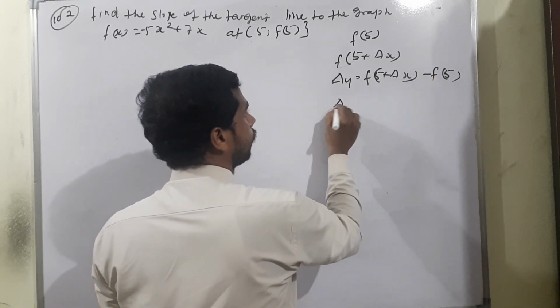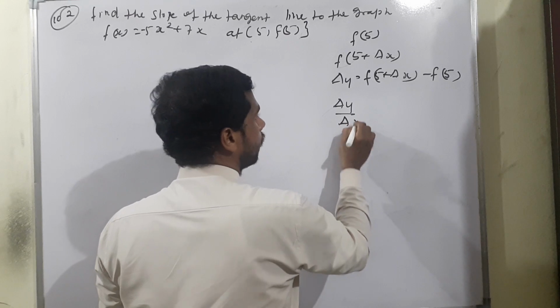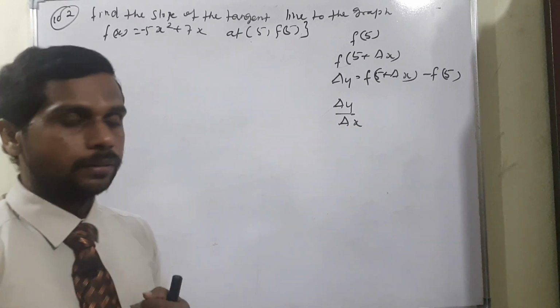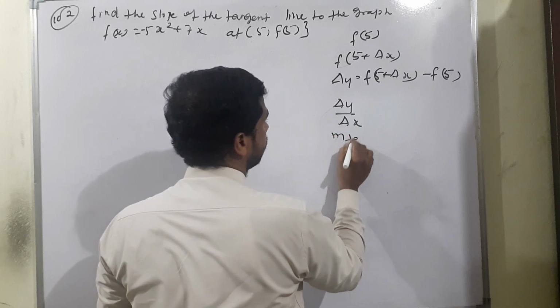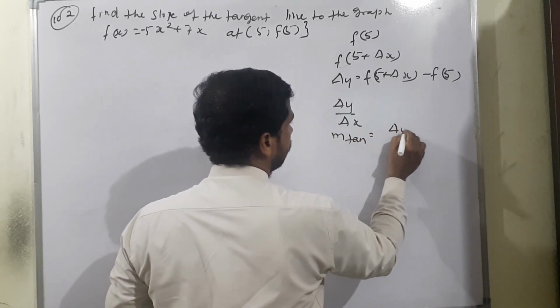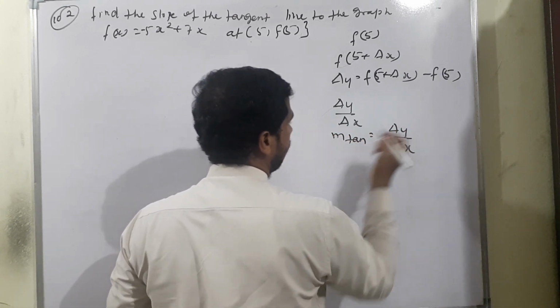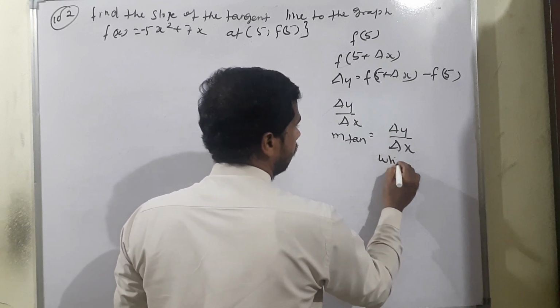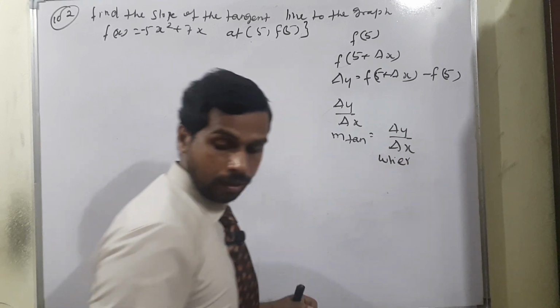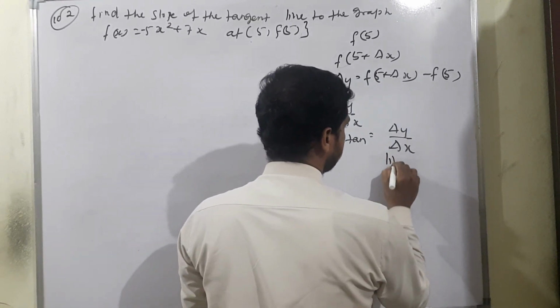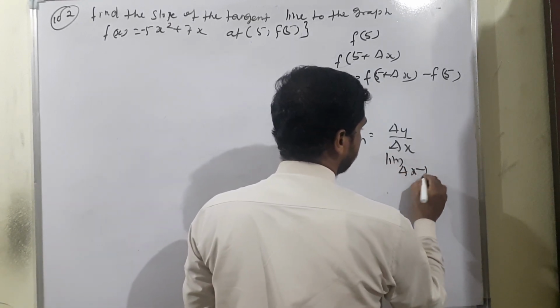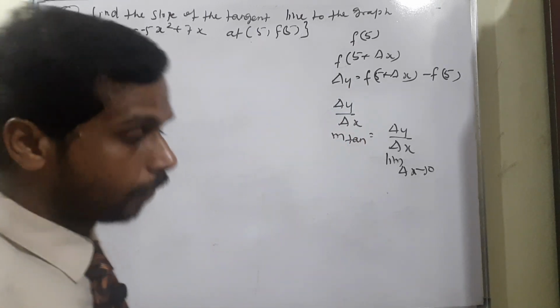Next, del y divided by del x. Next, the last step, to find the slope of the tangent: m tangent is equal to del y divided by del x, where the limit is considered for del x tends to 0. Okay.